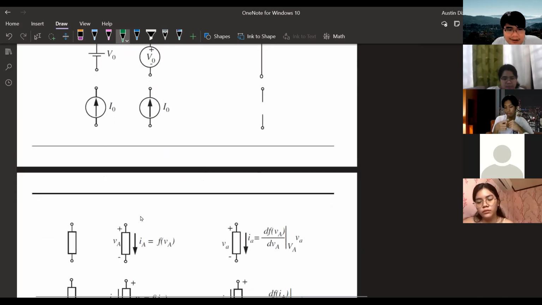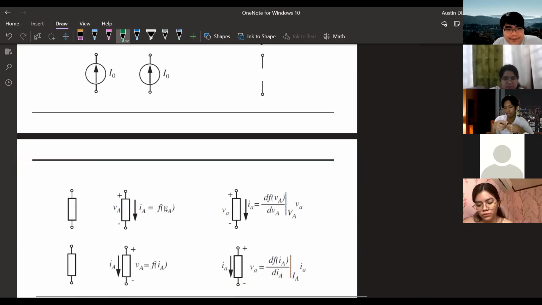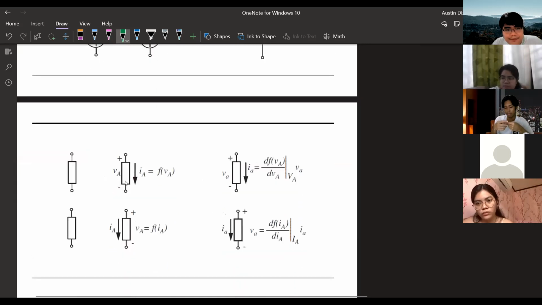Tapos for a general nonlinear element, given this, okay, kunwari yung characteristics niya is current that is dependent on the voltage applied to it. Then, para makita yung small signal effects niya, okay, this is from chapter 4. You just derivative it, then you plug in the operating value or the bias voltages.